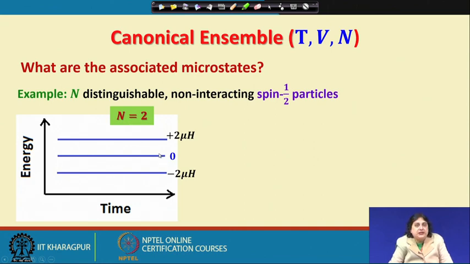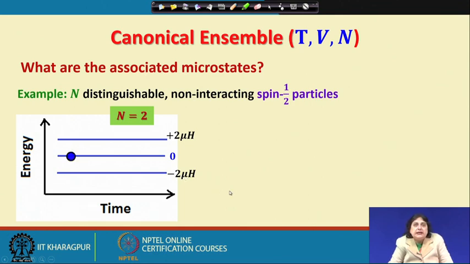Now, for such spin half particles, the system energy can take these three values, and this follows from the solution of the Schrodinger equation for two distinguishable non-interacting spin half particles. Here I have not explicitly shown the field in which these spin half particles are present, but its presence is indicated by this term H multiplied by the magnetic moment mu.